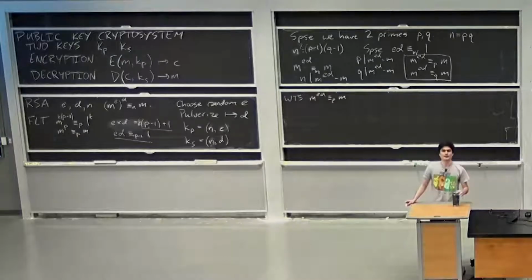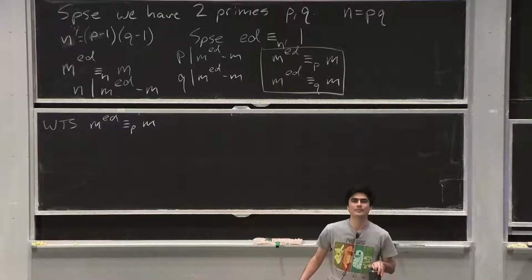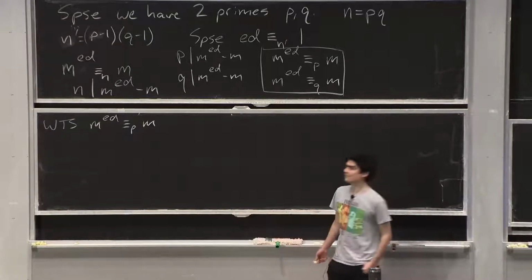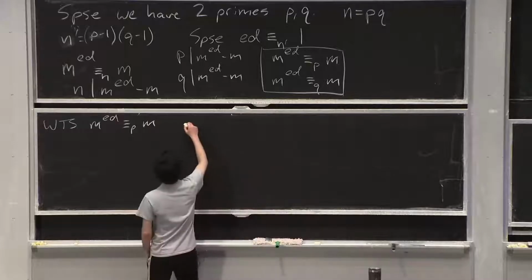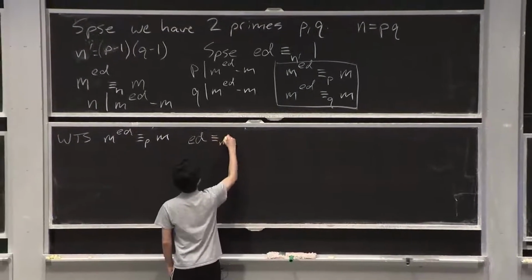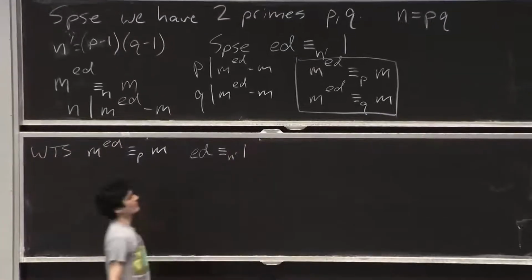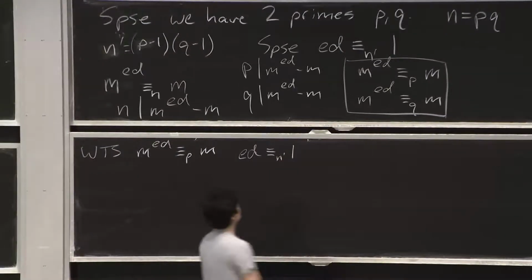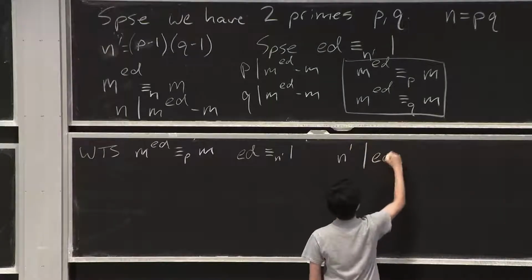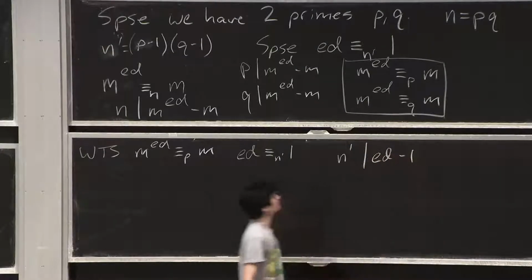Yeah. So use the fact that ed is congruent to 1 mod n prime and substitute n prime in. That's right. So the answer was basically that we've already done it. Remember that ed is congruent mod n prime to 1. So this means that n prime divides ed minus 1.